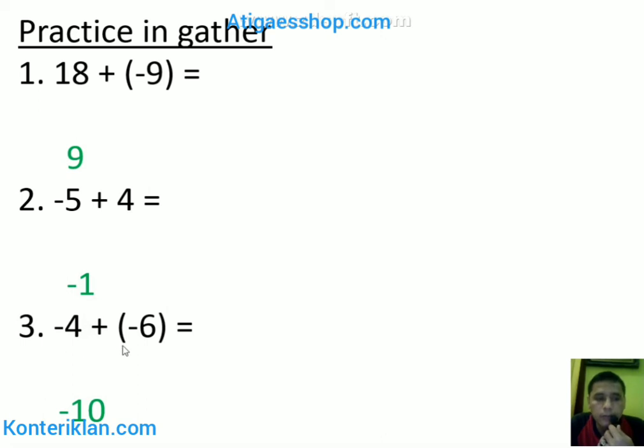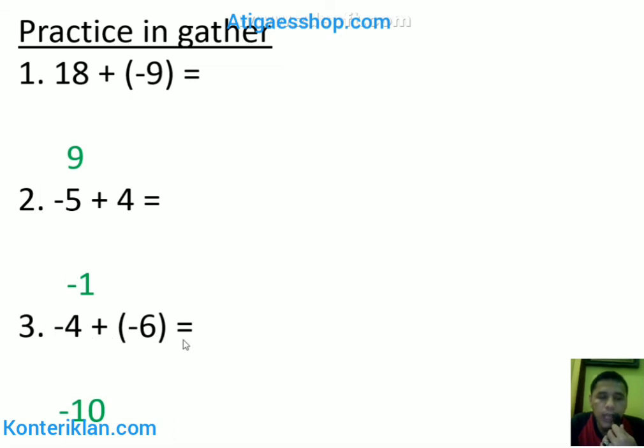And what about number 3? Negative 4 plus negative 6. This one is the same. Since I already explained to you, if plus meets negative in the bracket it should be negative. So negative 4 plus, in the bracket, negative 6, is the same as negative 4 subtract 6.